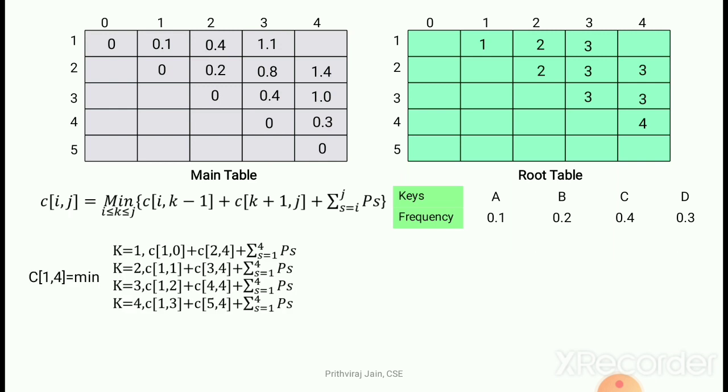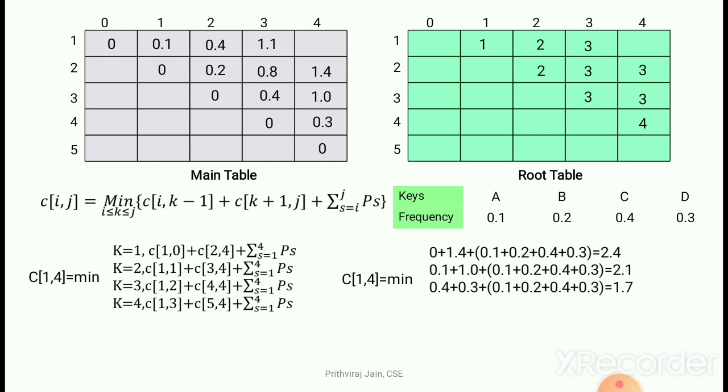Lastly, we have to calculate c of 1 comma 4. So c of 1 comma 4 means k values 1, 2, 3 and 4. Same thing, but we have to consider all the k values from 1 to 4. Substituting, c of 1 comma 4 is the minimum of the values for k equal to 1, k equal to 2, k equal to 3 and k equal to 4.